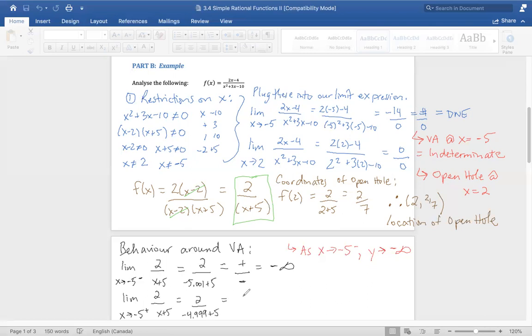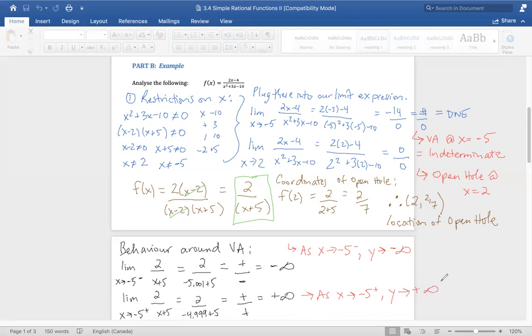But again, all we really care about is that there's a positive on the top. The 5 is larger, so we're going to end up with a positive on the bottom. So now we're approaching positive infinity, right? I have an infinite result. So that conclusion would be, as x is approaching -5 from the right, y is approaching positive infinity for when we graph.